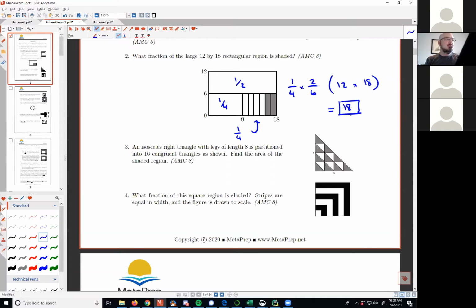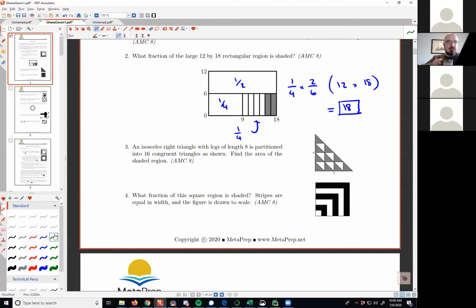Okay, number 3. This one, we know that each side length is 8, and the base of each shaded triangle is going to be 2, because there are 4 of them.